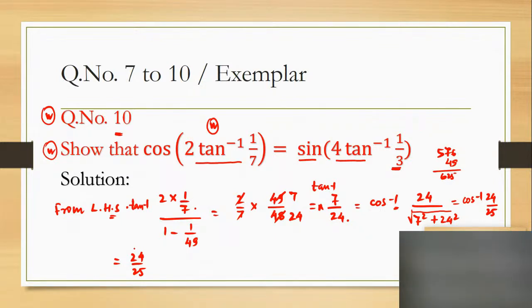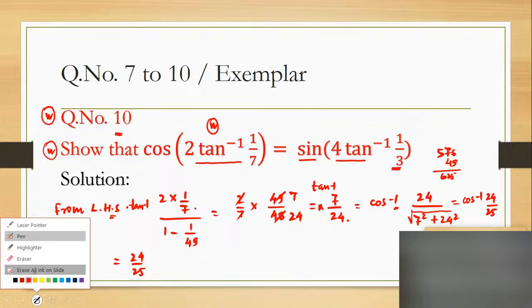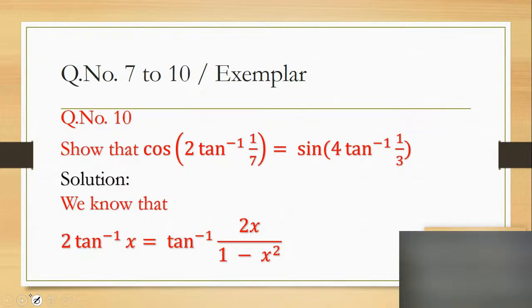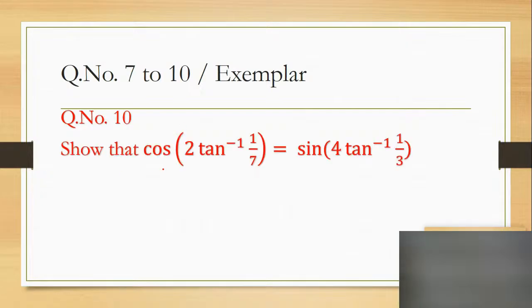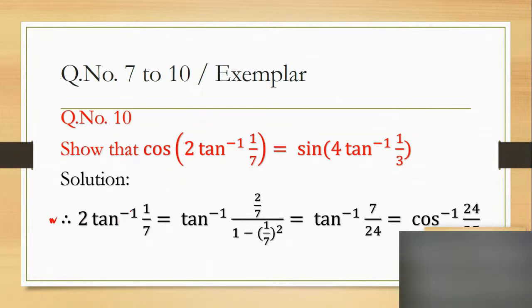Let's see the details, or you can note down these details. 2 tan inverse 1 by 7 equal to tan inverse 2 by 7 over 1 minus 1 by 7 whole square, equal to tan inverse 7 by 24, and this will be cos inverse 24 by 25.